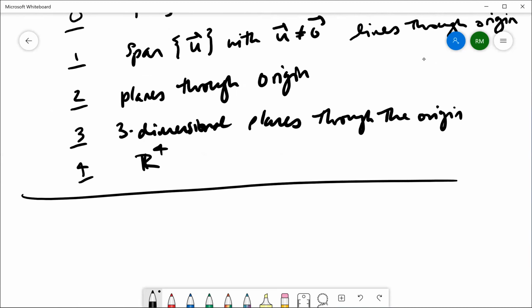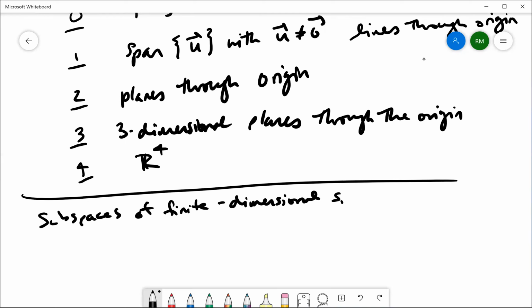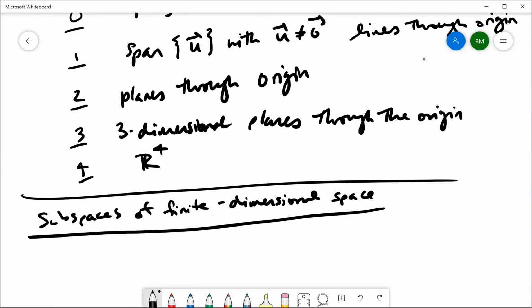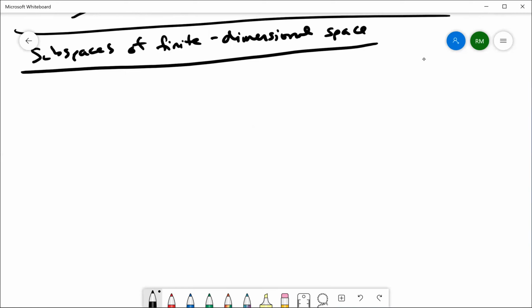All right, so let's move on to subspaces of finite dimensional space. We're going to have a theorem. It says the following.